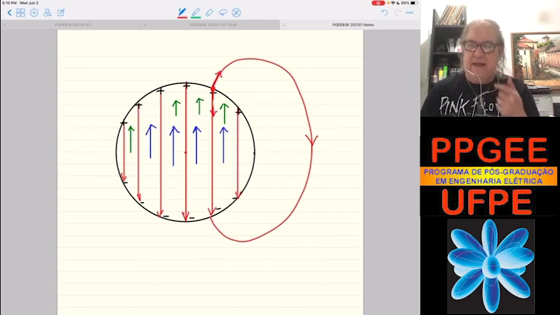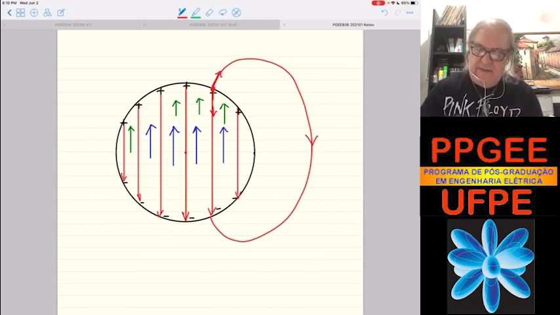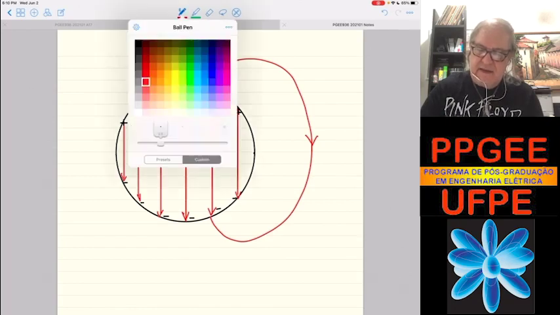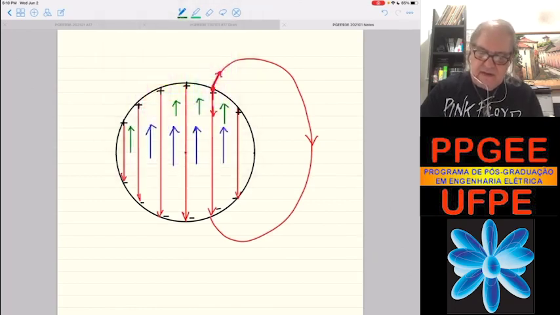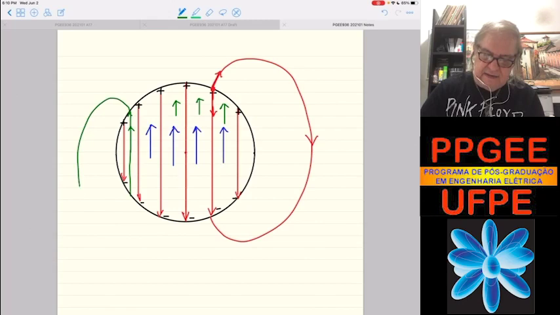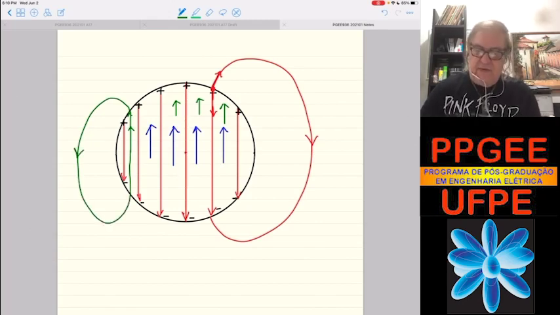The real field is the B. And if you look at B, B is the one that's green, right? The green field here. B field is like that. And this is a closed line. That's the B field. Dipole, right? So it's not like this.